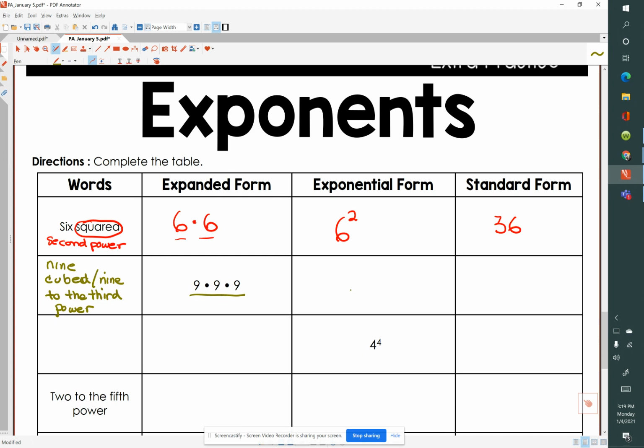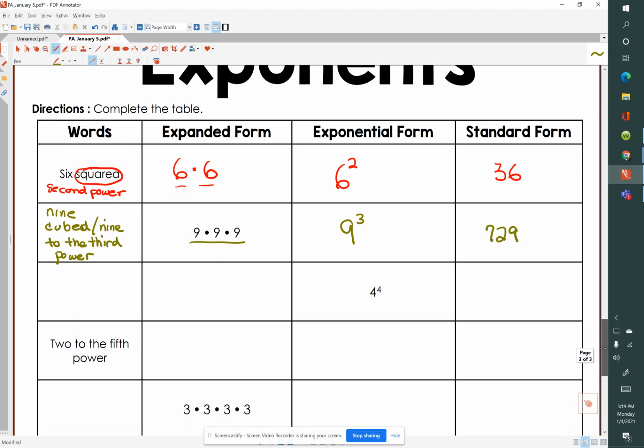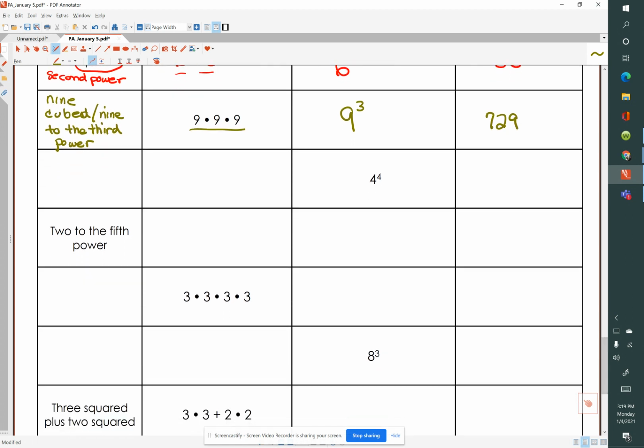Now the exponential form would be this, 9 to the third power. And if we multiply 9 times 9 is 81, 81 times 9 is 729. You will need a calculator for some of these. You can use an on-screen calculator.